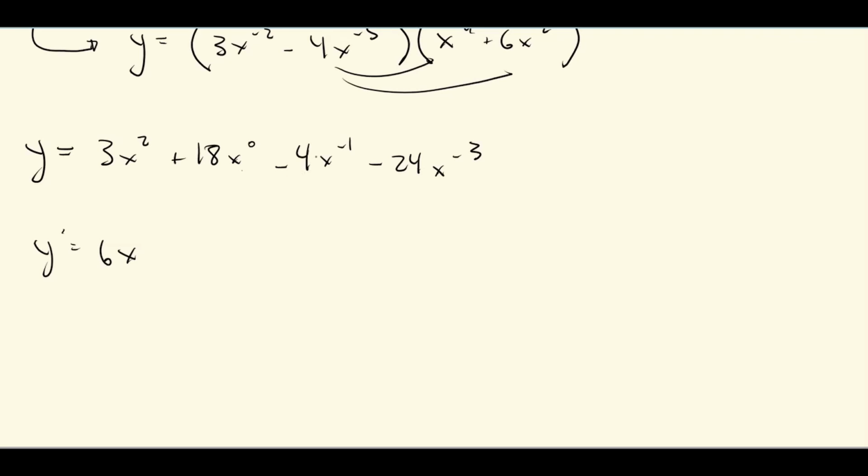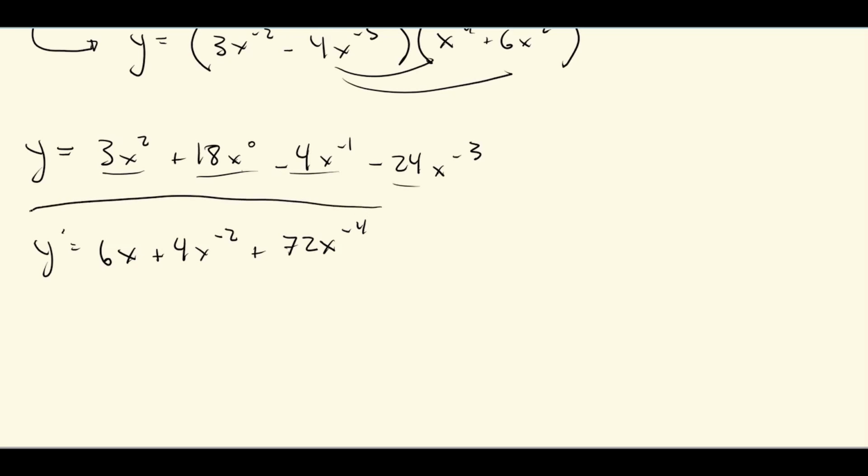The derivative of this is going to be, let's see, we're going to bring out that negative 1, it's going to turn it into positive 4x to the negative 2nd power, plus 72x to the negative 4th. So all we did is we used the power rule on each of these terms. And that's it. This is the derivative.